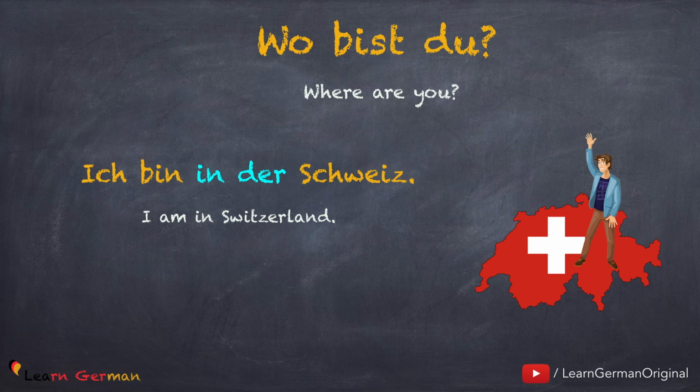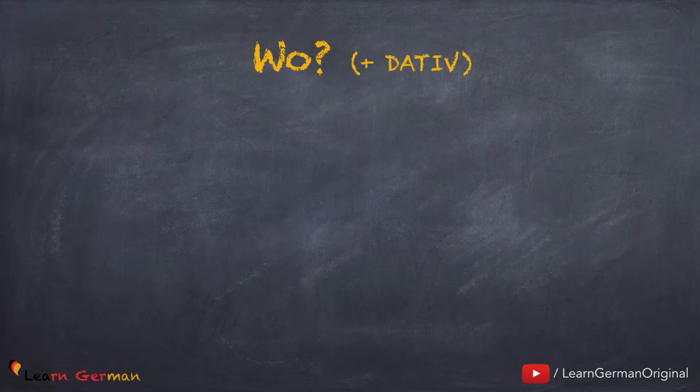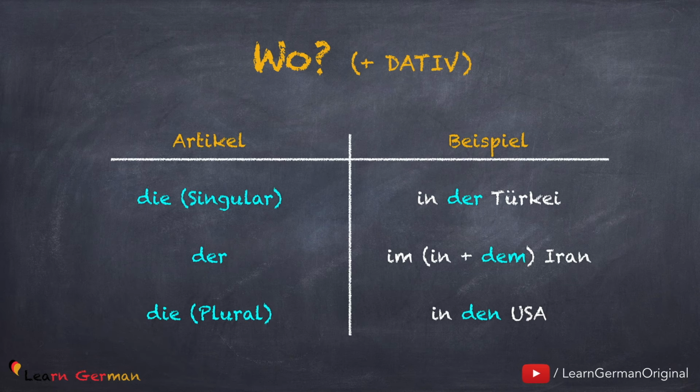So whenever a country has an article die with the question wo, you would say in der. For example, in der Schweiz, in der Türkei. And if they have different articles, you would say im Iran. Im comes from in plus dem. And if it's a plural die, you would say in den USA.